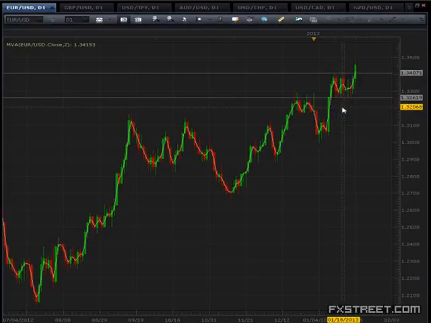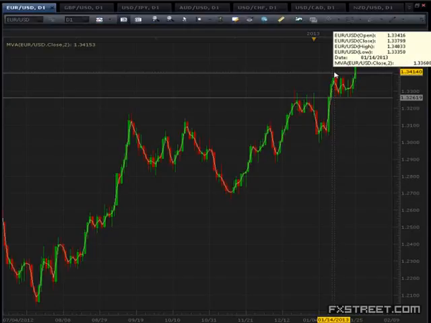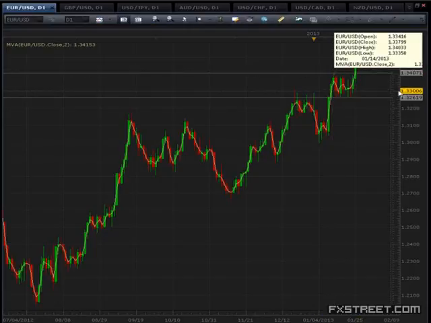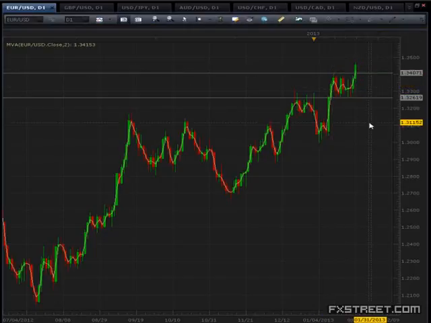The low was serving as the bottom of that range, and the top of the range was the $1.34 level, with the high on January 14th at $1.3403. Well, I explained that the only way we're going to see the euro-dollar pair giving us a more definite trend direction is if there is a breakout one way or the other, either above the top of this range or below the bottom of the range.